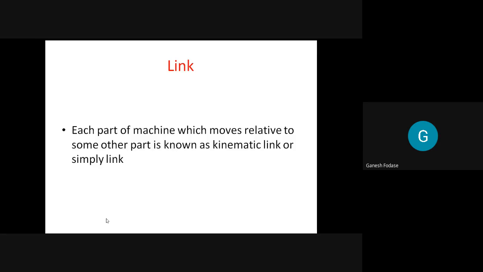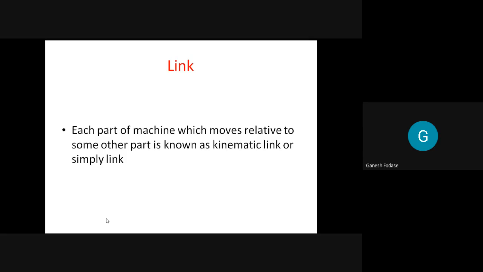Now, if you understand the concept of resistant body, we are going to define one more important concept, that is a link. I hope it is known to you. When I talk about machine and mechanism, each part of the machine or mechanism which moves relative to some other part is known as a kinematic link or simply a link.